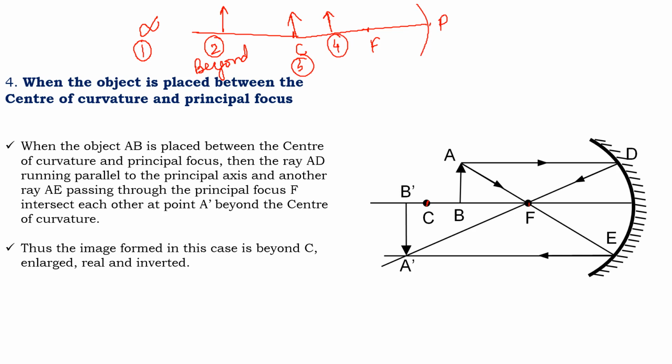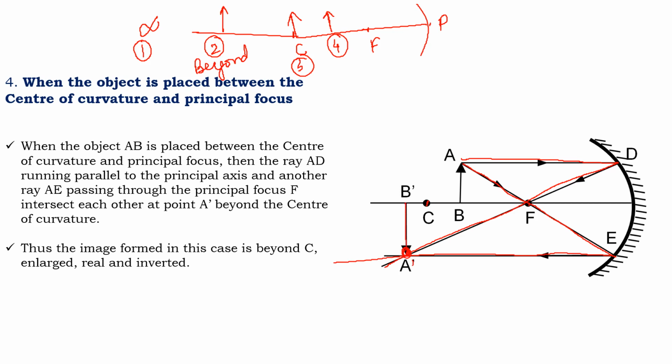Now what is happening when the object is placed between C and F? From the head, a ray of light passing parallel to the principal axis after reflection will pass through the focus. Second law, a ray of light passing through the focus after reflection will become parallel to the principal axis. Both of them are meeting at a point. That point should be named A dash.